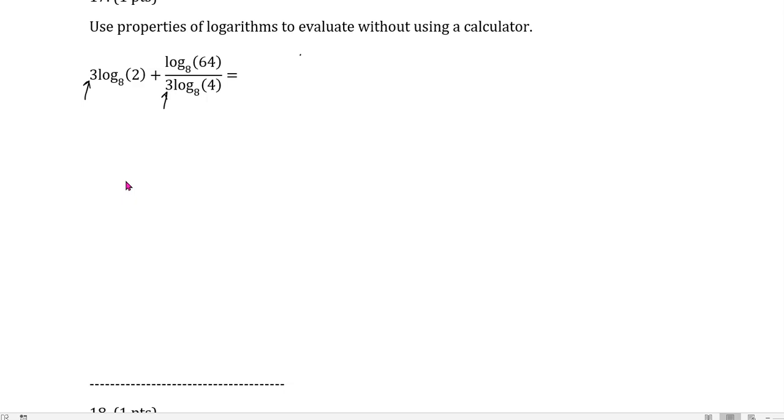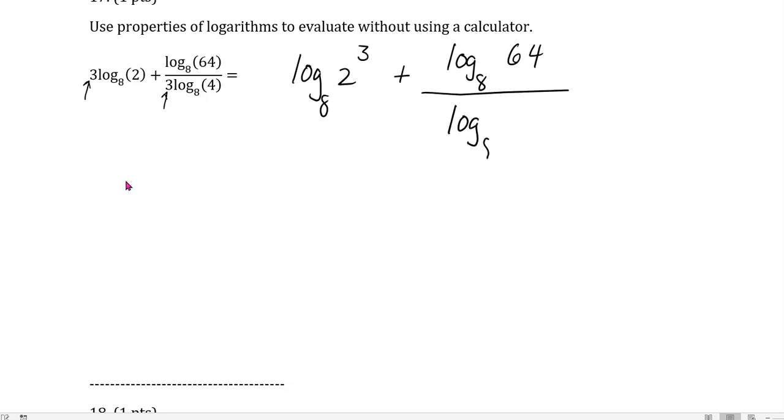First, I will rewrite this as the log base 8 of 2 to the third for the first term, plus the log base 8 of 64, all divided by the log base 8 of 4 to the third. The next thing I want to do is write what 2 to the third is and what 4 to the third is.